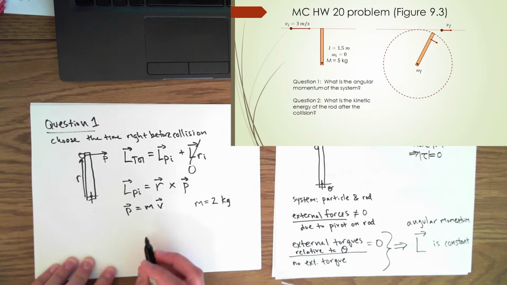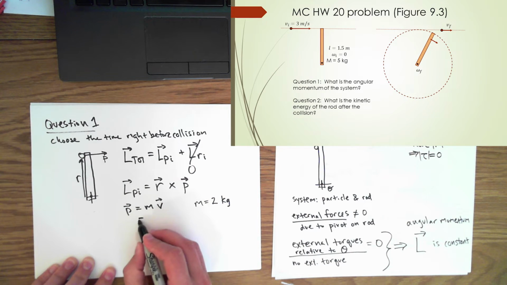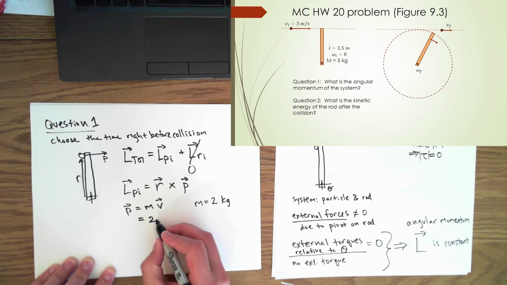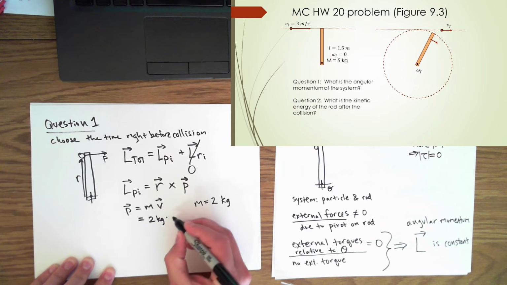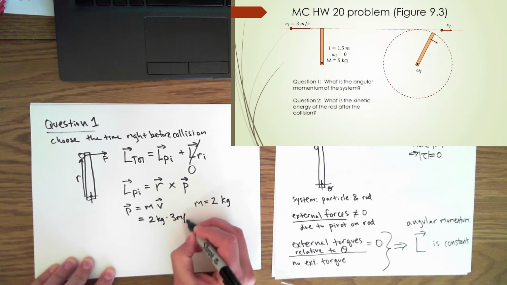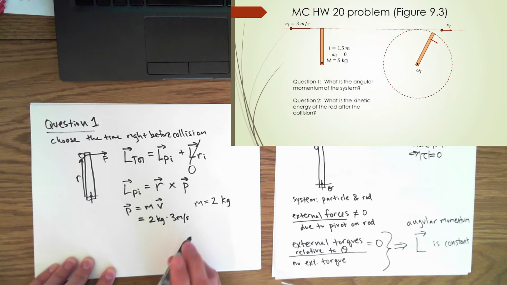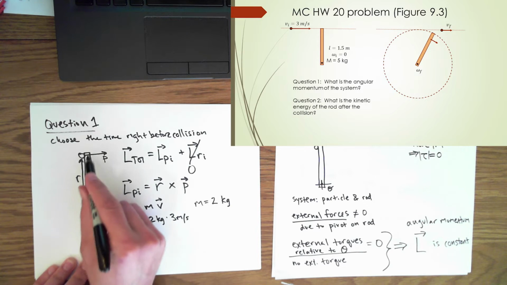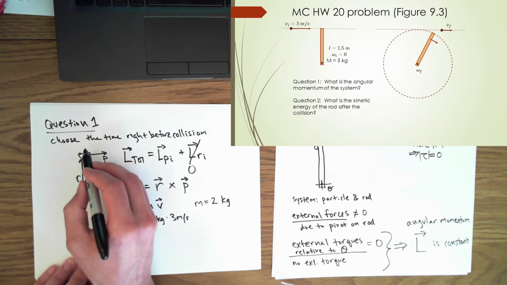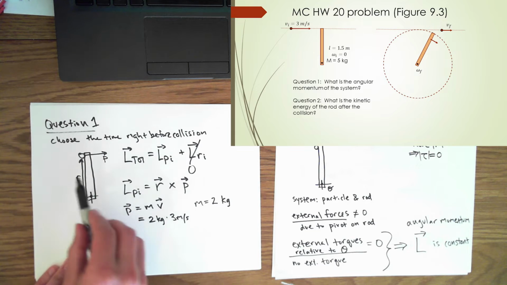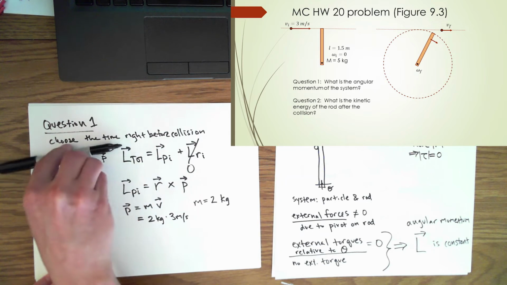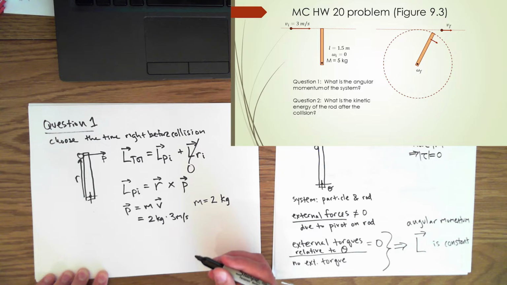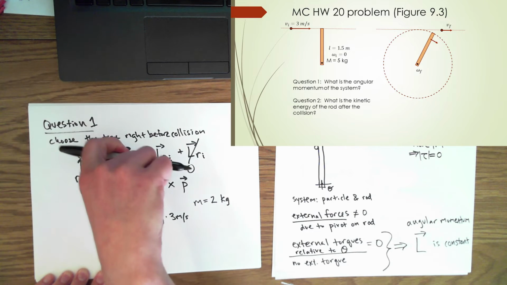So p is going to be 2 kilograms times 3 meters per second, in that rightward direction. Okay, so r cross p. In this picture, r is pointing straight upward, p is straight to the right, so there's a right angle between the r vector and the p vector.